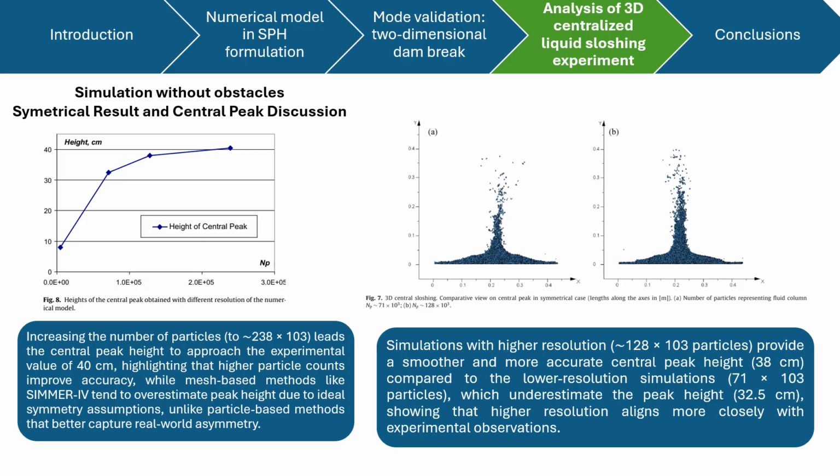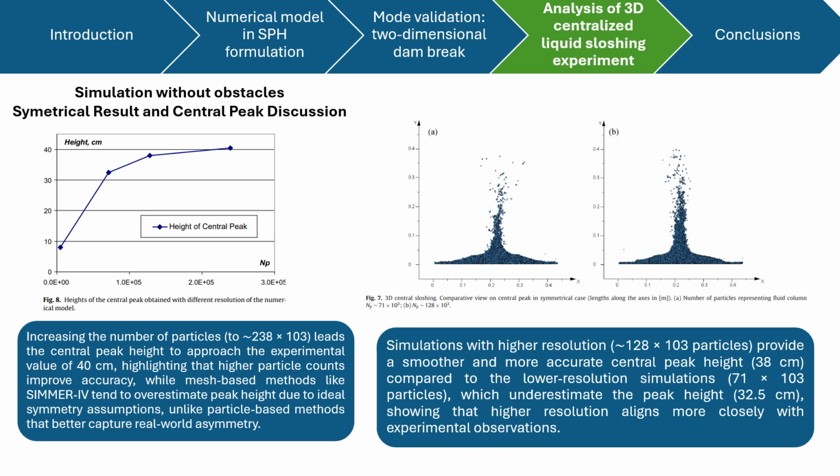Next we have Figure 7 that shows us a central sloshing comparative view and central peaks in the symmetrical case. Figure 7a has the number of particles representing per column NP at 71 times 10,000, and Figure 7b is around 128 times 10,000, sorry, 1,000.